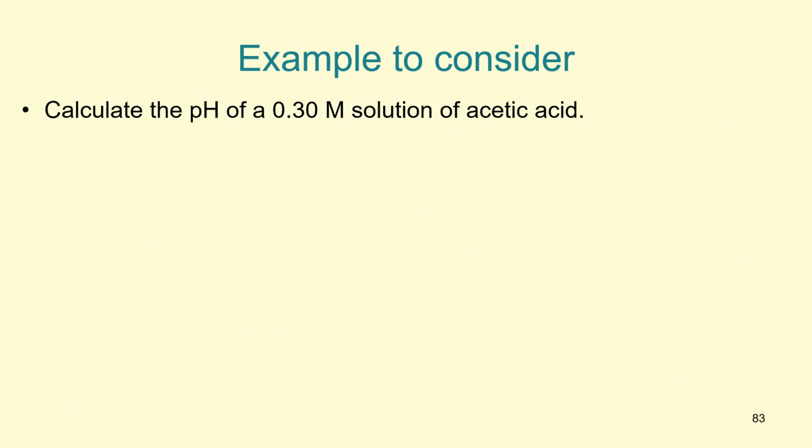Okay, so let's do another example. Calculate the pH of a 0.3 molar solution of acetic acid. If you didn't already know, the Ka value for acetic acid was given in that chart, 1.7, I think, times 10 to the minus fifth.